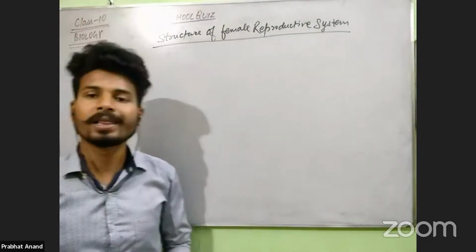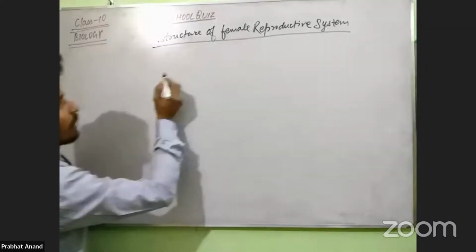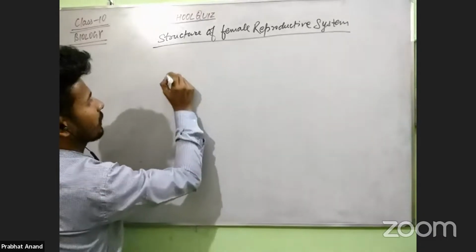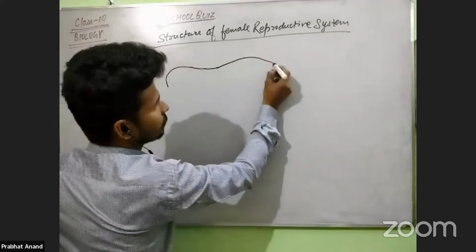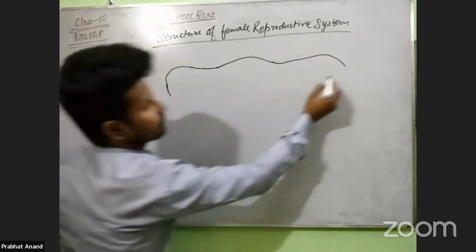So shall I proceed with this topic if you have no doubts? Please keep your eye on the diagram, because it is asked to be drawn in the CBSE. So I am drawing the female reproductive system.